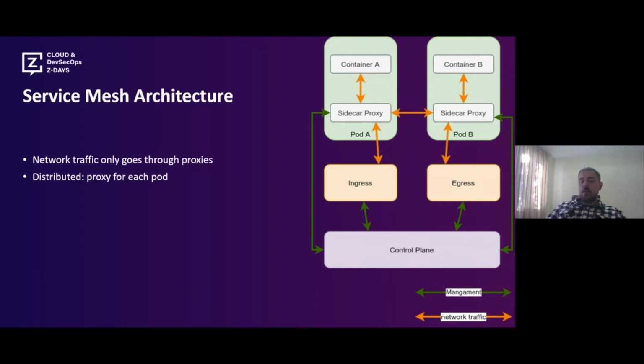You have that central interface where you manage all your network policies, configurations, and any settings needed, and this control plane takes care of actually applying those policies, rules and configurations to all these proxies. And basically that's it. The idea is simple: let's have these sidecar proxies, as many as we need, and then let's manage them through the control plane, a central place.